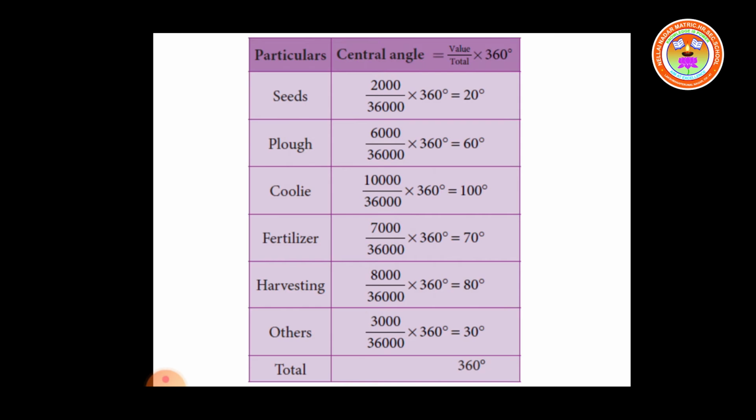Then for others, 3,000 divided by 36,000 into 360 degree will give 30 degree. So total angles, 20 degree plus 60 degree, 80 degree, plus 100 degree, 180 degree, plus 70 degree, 250 degree, plus 80 degree, 330 degree, plus 30 degree will give 360 degree. So our answer is correct.